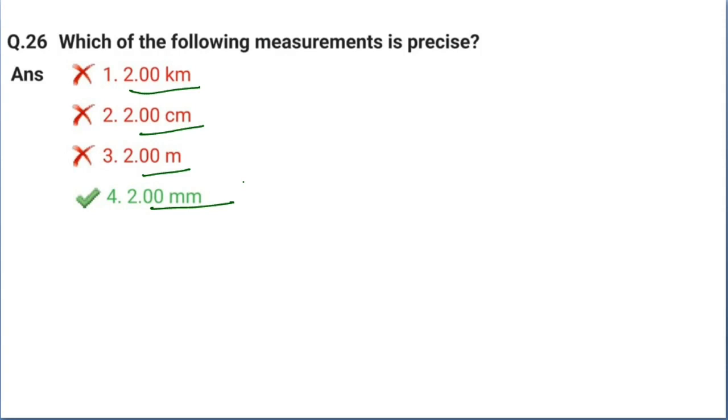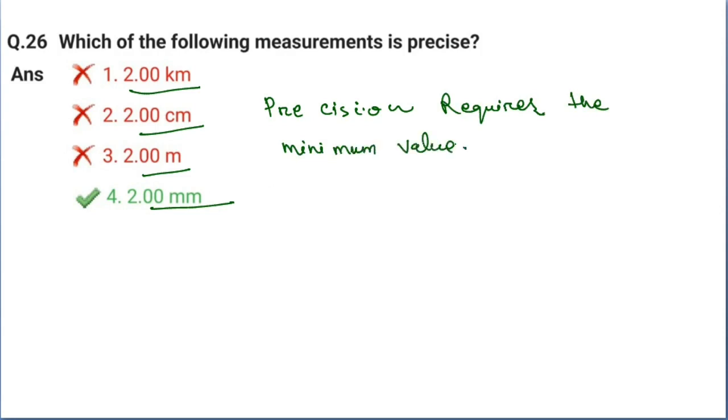As we know, precision requires the minimum value. And what is the minimum over here? Of course 2 millimeter is the minimum. So option 4 is the correct one. Okay, that is 2 millimeter.